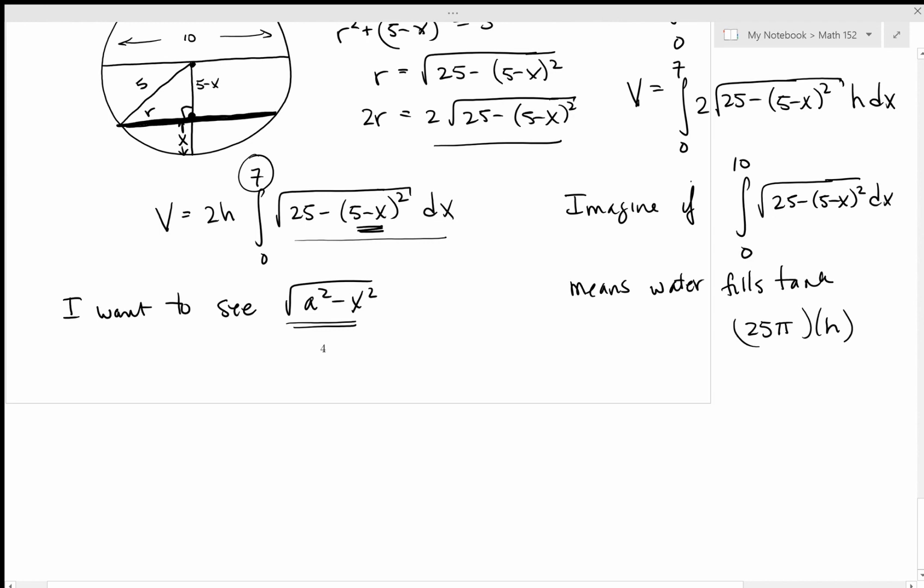So I'm going to make this substitution. Let u be 5 minus x. That means that du will be minus dx. And then it's a definite integral, so I'm going to have to change the endpoints during the substitution. So when x is 0, u is 5, and when x is 7, u is minus 2.